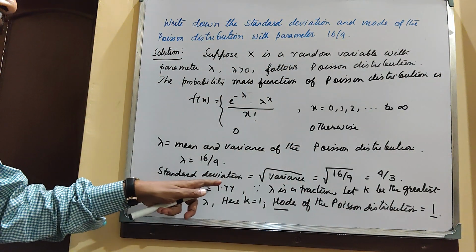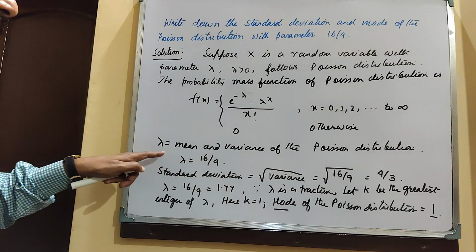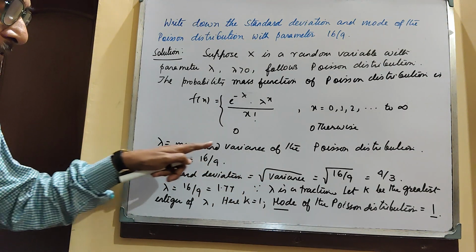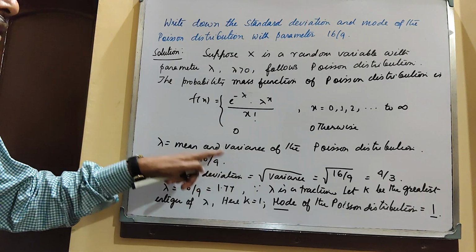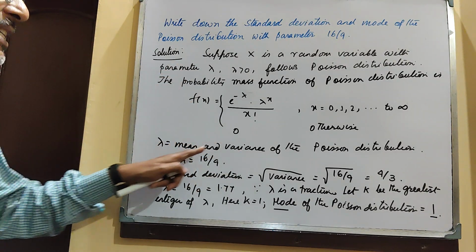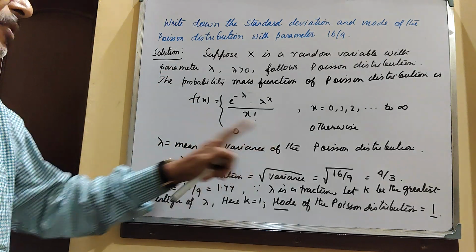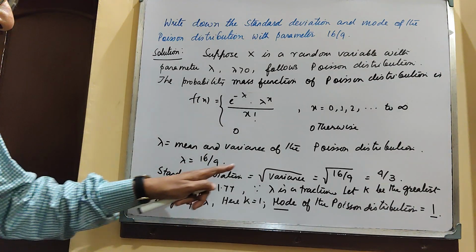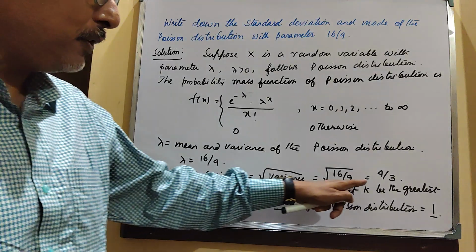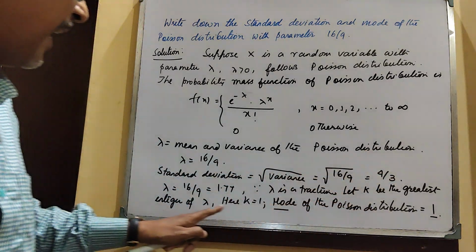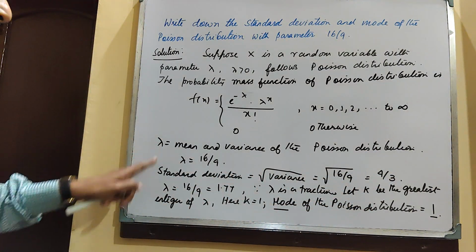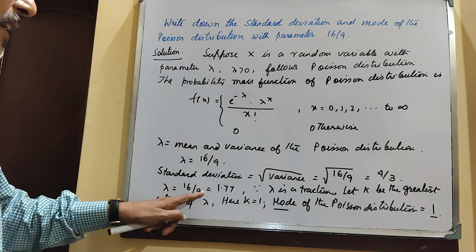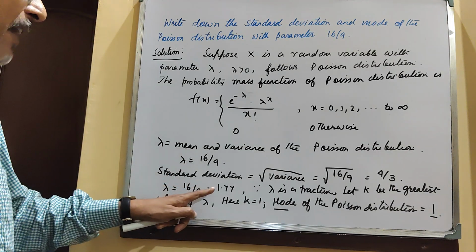SD, standard deviation, is the square root of the variance. Lambda is the mean equals variance for the Poisson distribution. The parameter is given as the mean and variance of the Poisson distribution. Therefore, SD is the square root of the variance, square root of 16/9, and lambda equals the parameter 16/9, which is a positive fraction.